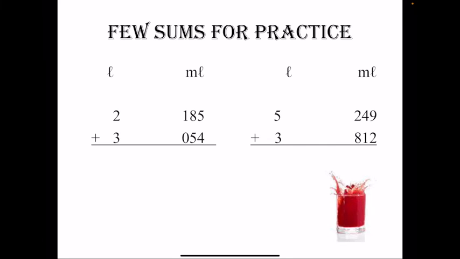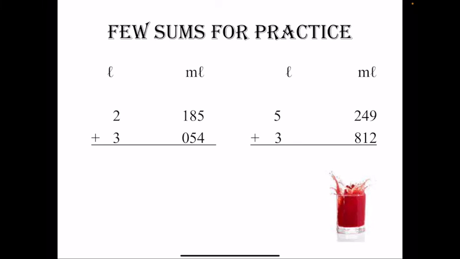Now I have given you some sums for practice. You can note down these sums in your rough copy and do them in your rough copy without anybody's help, because I hope by now you all must be knowing how to add and subtract easily.